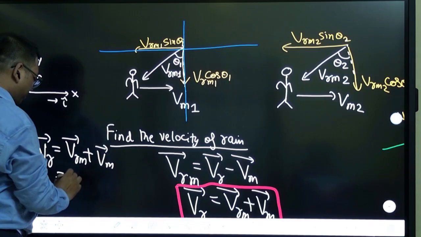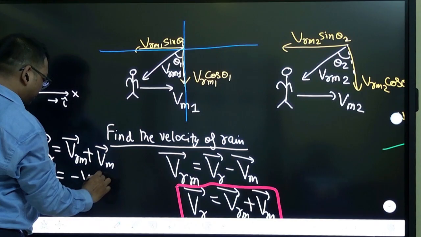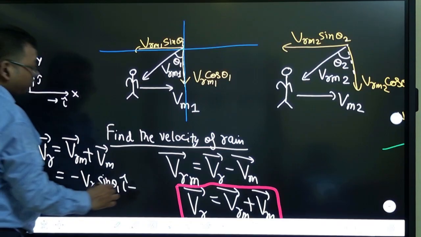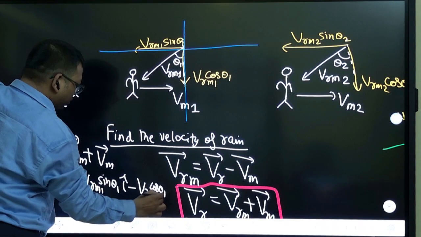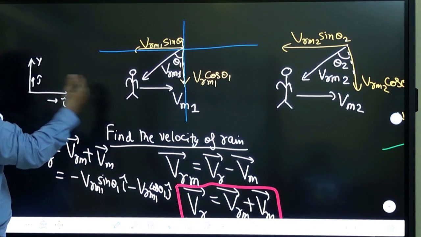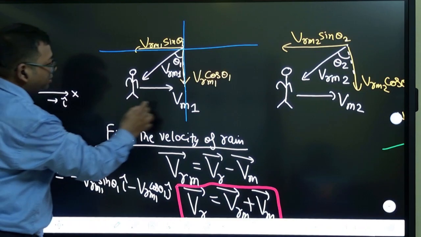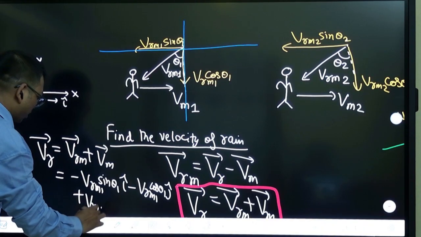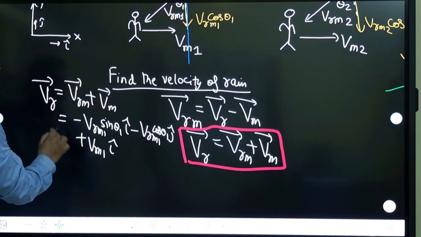So let us write them as minus VRM1 sine theta 1 I cap minus VRM1 cos theta 1 j cap. Minus I cap and minus j cap mean negative x axis and negative y axis, and Vm is going in the positive direction, so plus Vm1 I cap. So this is what we get when writing the first time.